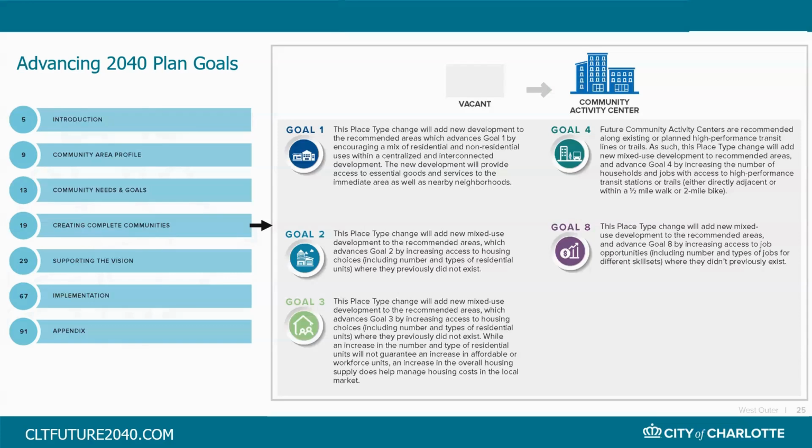It also could advance Goal 8, diverse and resilient economic opportunity, by increasing access to job opportunities, including the number and types of jobs for different skill sets where they previously did not exist.